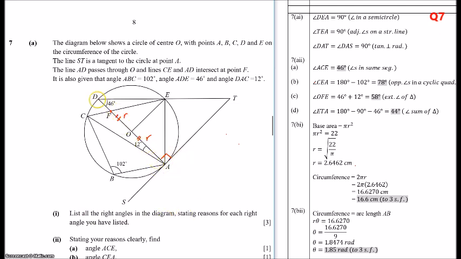And then once I know that this is a diameter, this one is also a right angle. Then of course, since this is a straight line, this is also a right angle. So there are 3 right angles here: DEA, this one, then the straight line, and the last one is the tangent-radius one, this one. Okay, so next part.